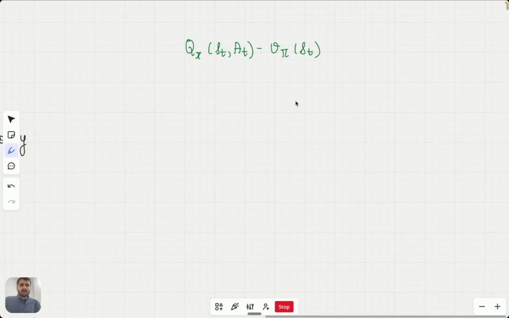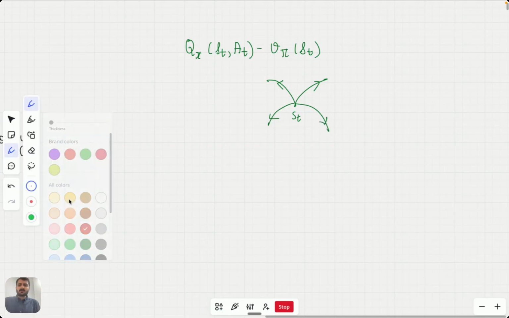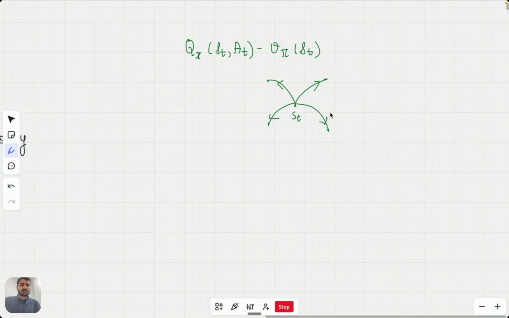For example, if you start with a state st and you have a number of actions to take from that state, and let's say your policy's default behavior at the moment is to choose this action, which is known as A0. Then you look at all these other actions, A1, A2, and A3, and you make a table.